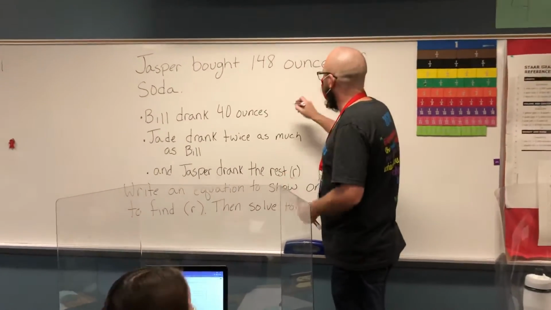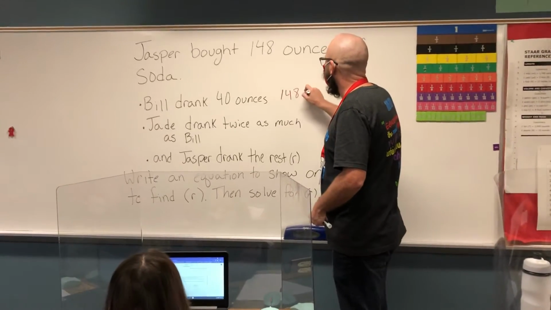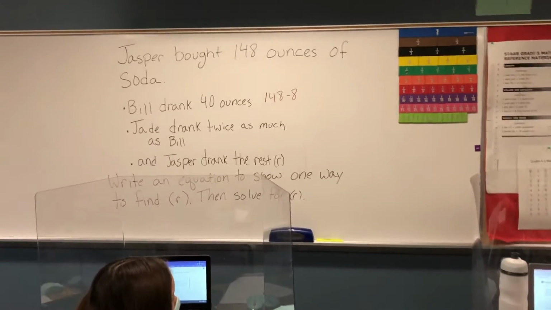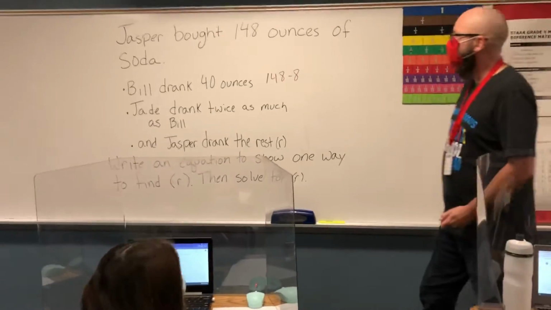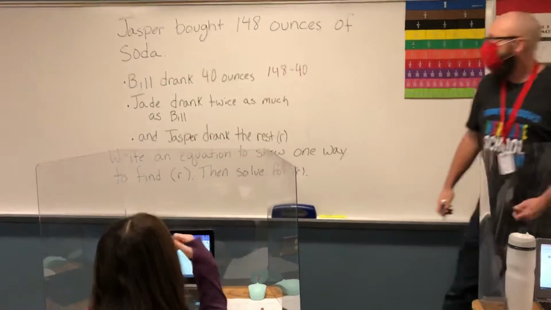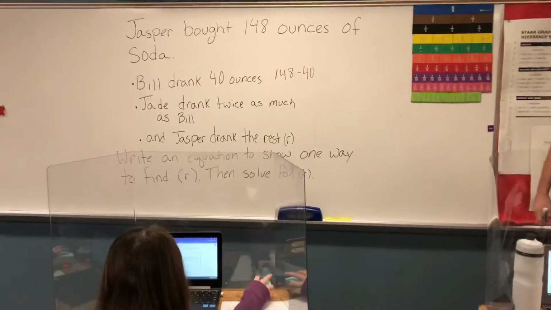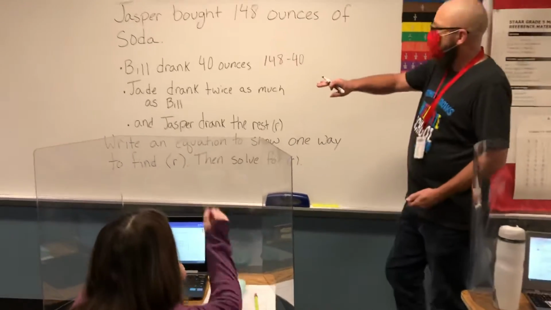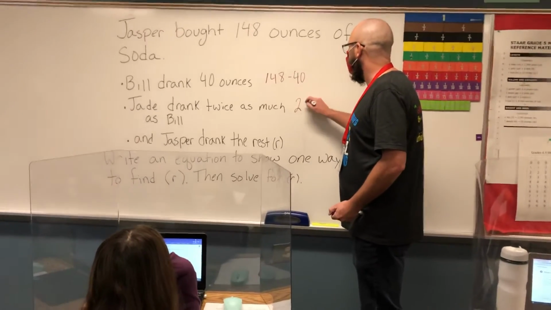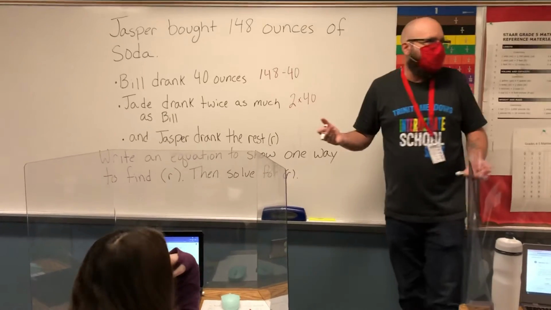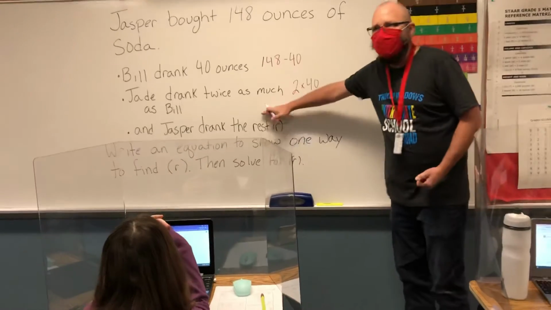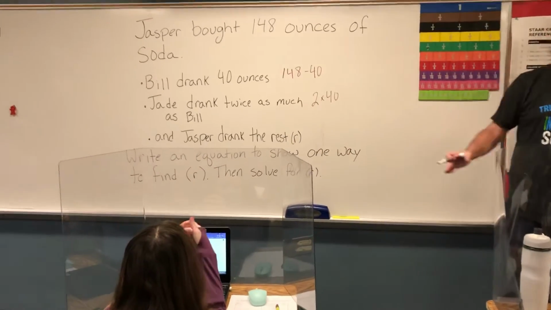So the first thing we would write for Bill is 148 subtract 40. We have Jay drinking twice as much as Bill. Twice as much as Bill would be 2 times 40. Now, you all know that that's 80, but you can't put 80 in your equation because it doesn't give you 80. Your equation should not have an 80 in it.